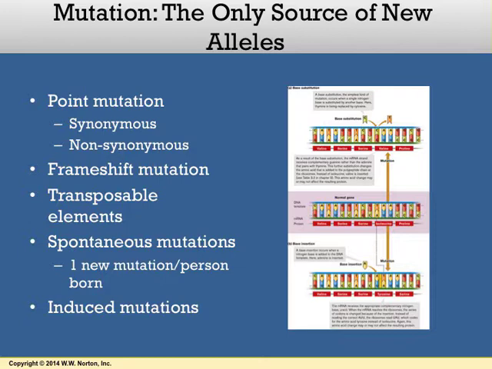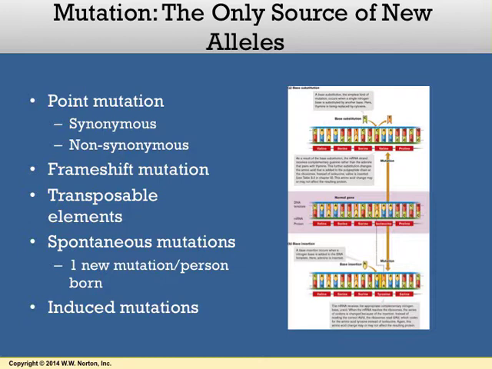This change in the amino acid sequence can have a dramatic effect on the actual protein and what it does for the organism. Another kind of mutation is shown at the bottom. This is called a frame shift mutation. In this case, a nucleotide is inserted into the gene, shifting all the remaining nucleotides down one.